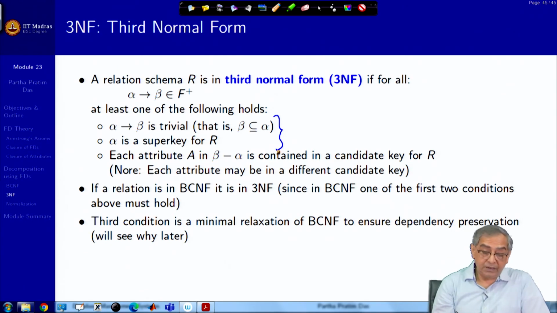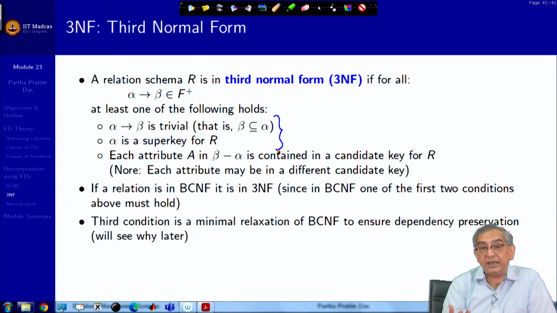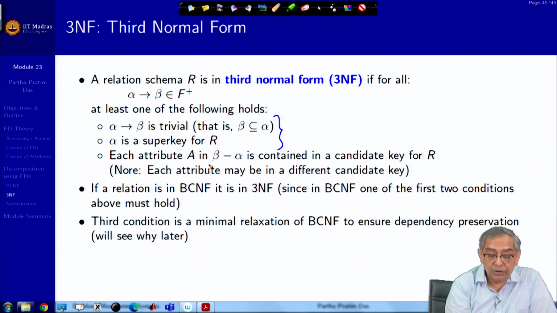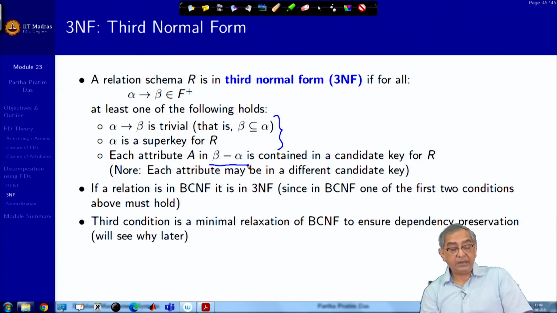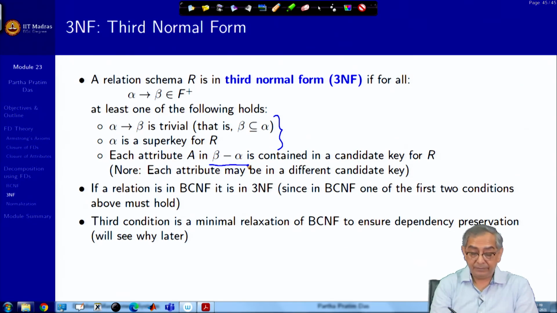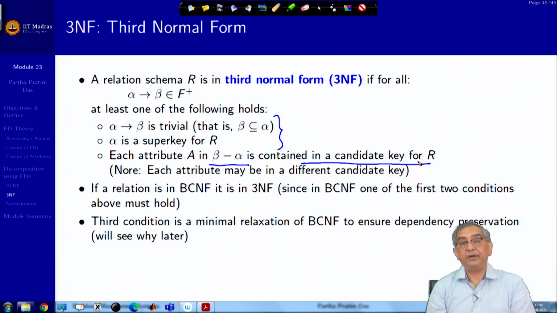But it has a third condition which relaxes BCNF. It says each attribute A in beta minus alpha, the non-trivial part, is contained in a candidate key for R. And the interesting thing is, it does not have to be contained in the same candidate key.